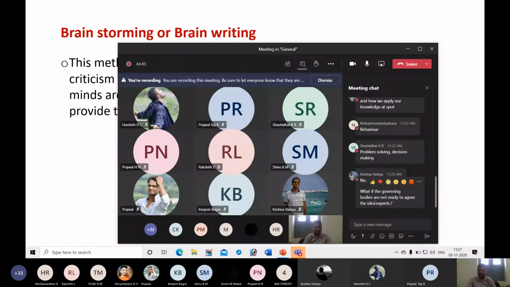What if the governing bodies are not ready to agree to the ideas of the experts? First they will consider all the ideas. They don't criticize at that time, but again, while choosing for implementation, they have to think about the merits and demerits of every idea, the positive and negative side.